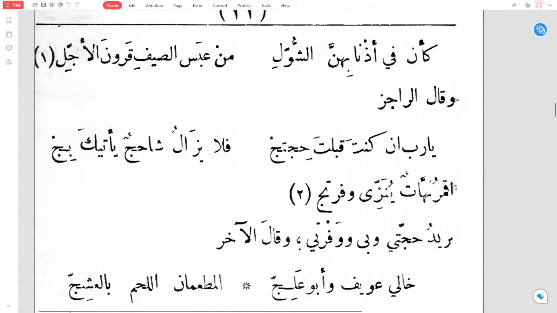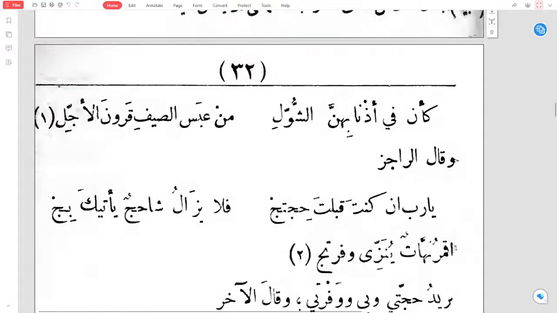So if you take that meaning, then over here it would mean as if in the tails, the raised tails of the camels, due to the dirt that has stuck on them, due to the dryness of the summer, as if those tails are the horns of deer.